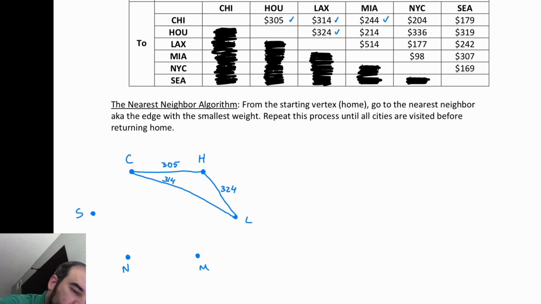Next number, the 244, is going to be between Miami and Chicago, so we'll draw that one as well. That's 244. Between Miami and Houston is 214. Between Miami and LAX is the 514.